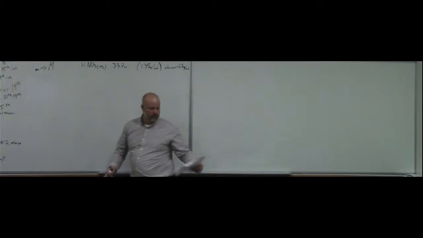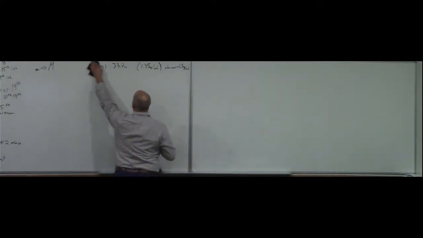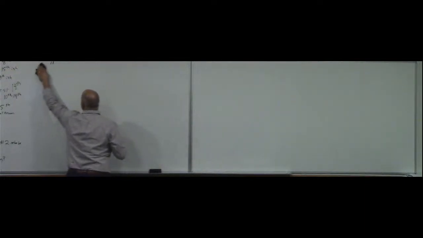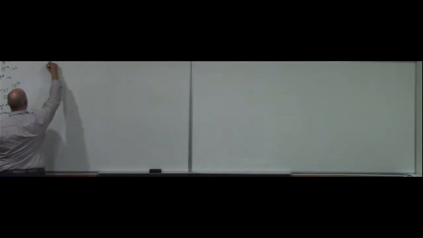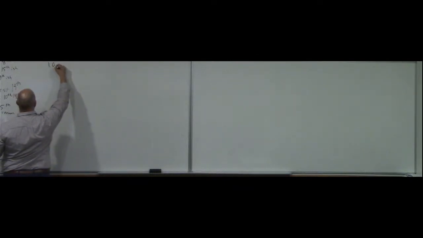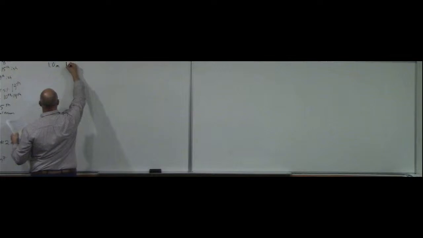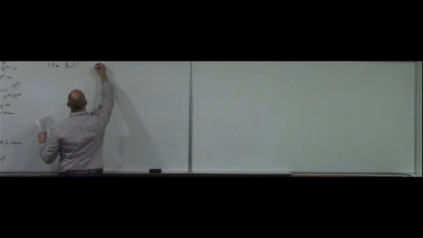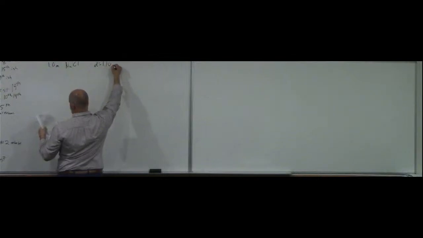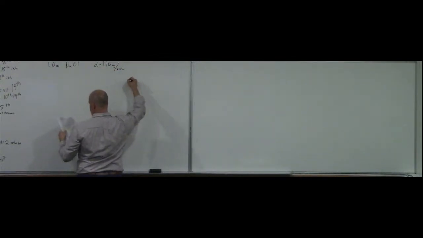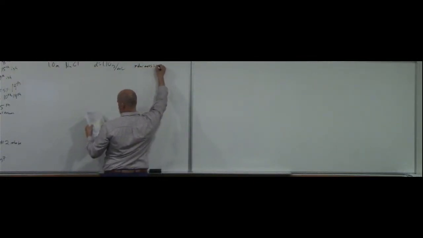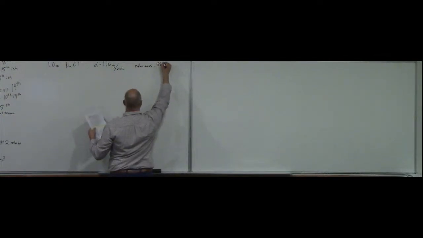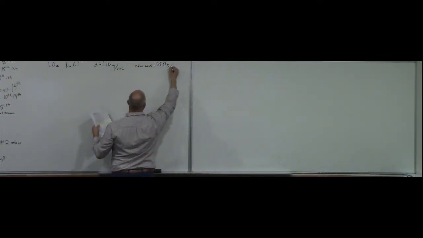So let me erase that down part two. 1.0 molal NaCl, where my density is 1.10 grams per milliliter, and my molar mass is 58.44 grams per mole.